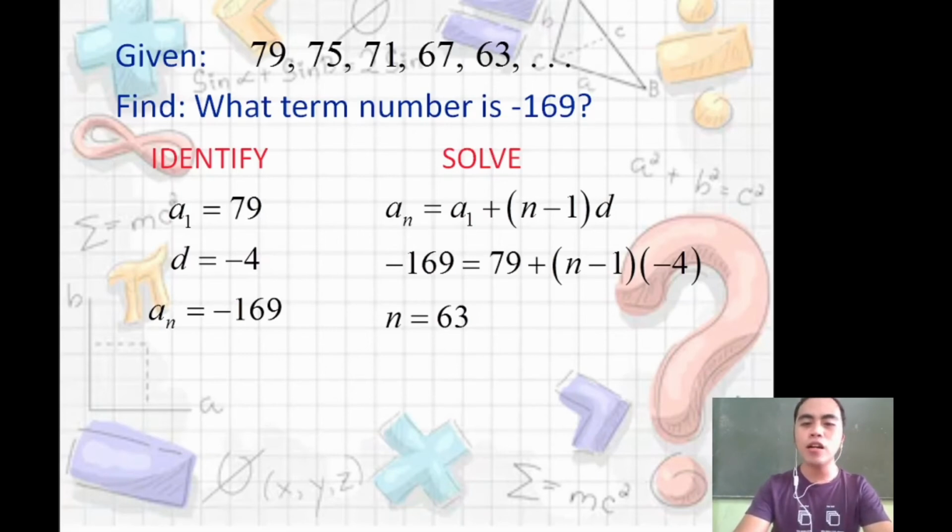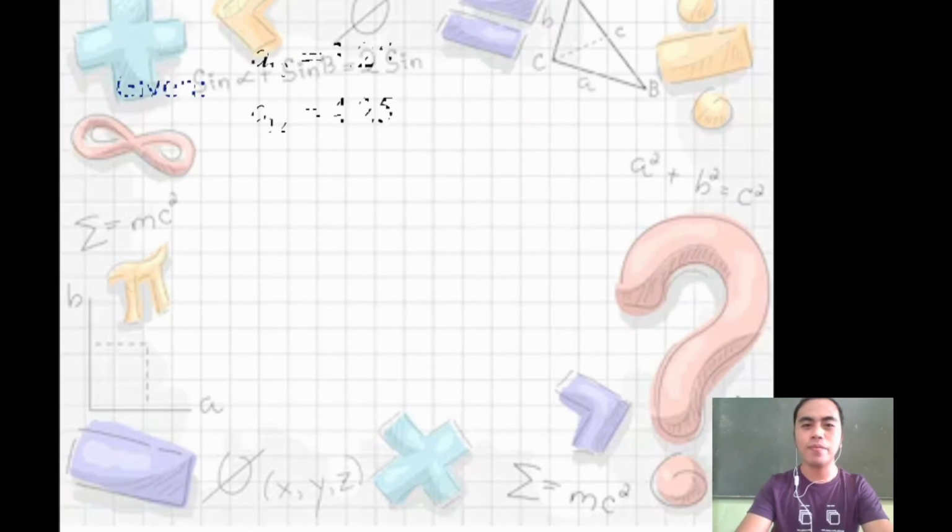And maneuver the equation, and you will come up with n is equal to 63. So therefore, the 63rd term of this sequence is negative 169.